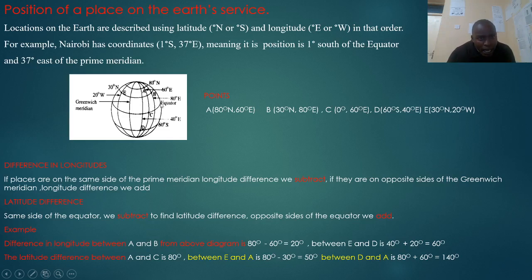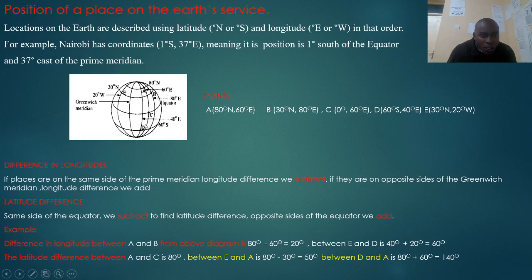Point C lies on the equator. Lying on the equator, we start with 0 degrees. For the equator, you don't say north or south because it's just at 0 degrees at the center. So it is neither south nor north. Followed by the longitude, you have to look where it is named.